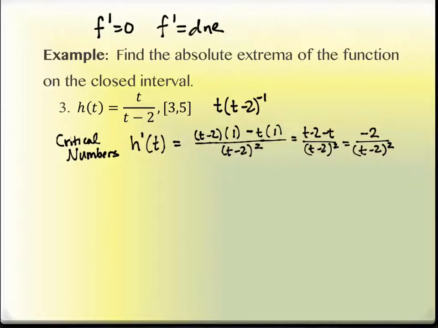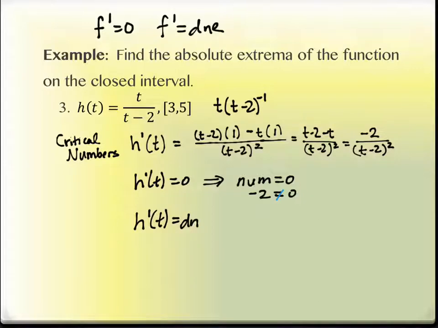Those are the two pieces that we need to consider. I need to consider when h prime of t equals 0, which really means that the numerator equals 0. But what's my numerator here? -2. So when does -2 equal 0? Never. So this doesn't give me any values. There is no location where this derivative equals 0. And I'll draw you a picture as a reminder of why that would be the case here. The second option is when it does not exist, and that's when the denominator equals 0.